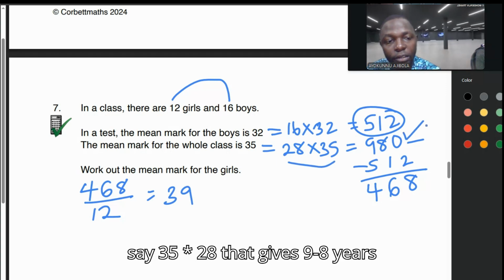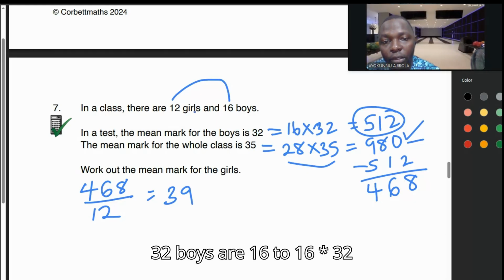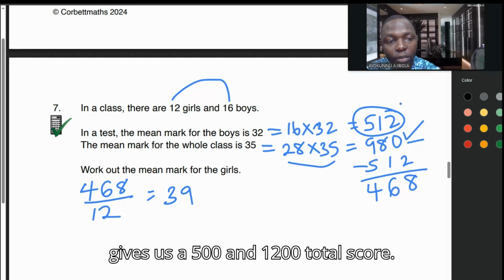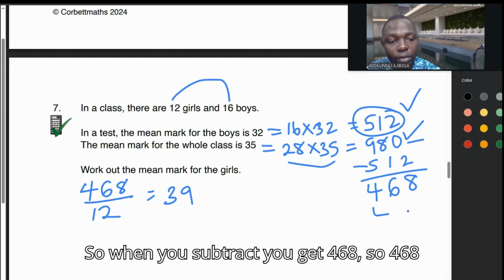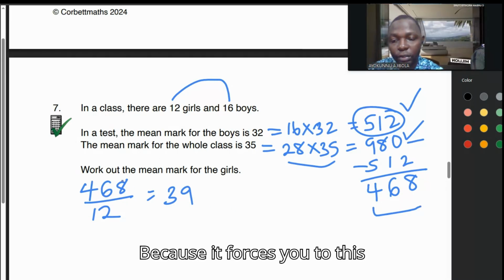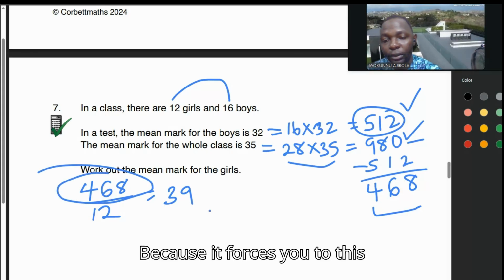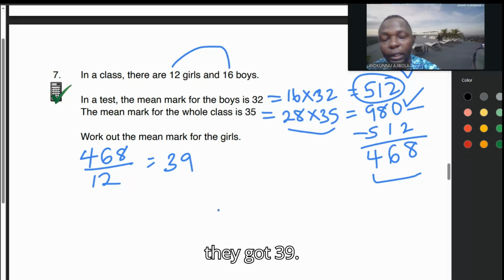That gives 980 as total score. And since it says for boys, 32, boys are 16, so 16 times 32 gives us 512 as total score. So when you subtract, you get 468. So 468 divided by number of girls, because the 468 is the score for girls, right? Yes. So then you get 39.